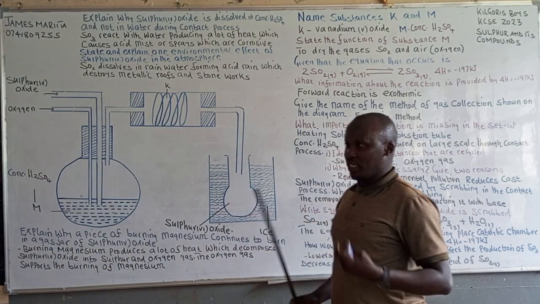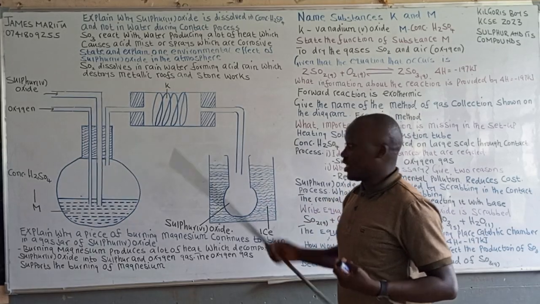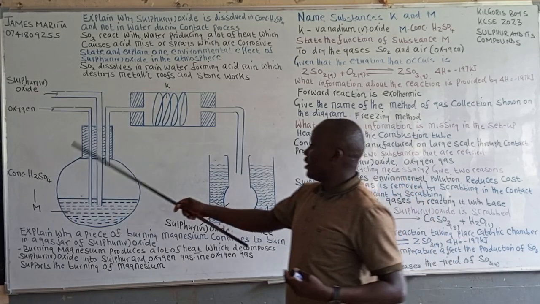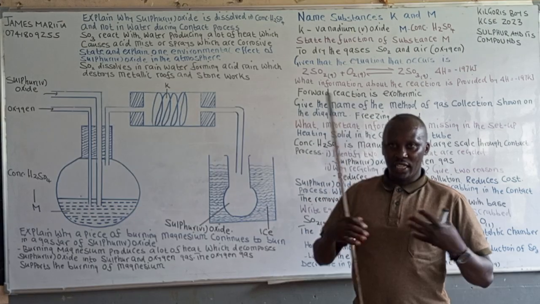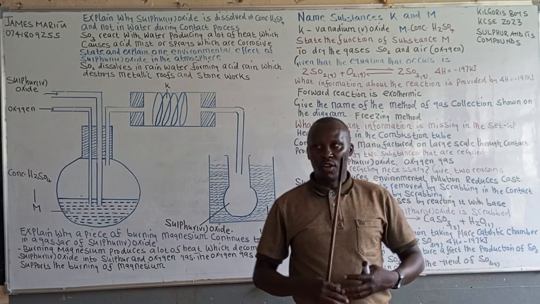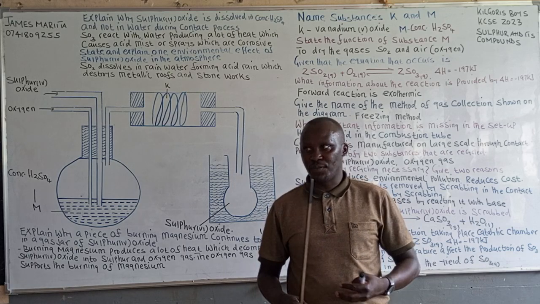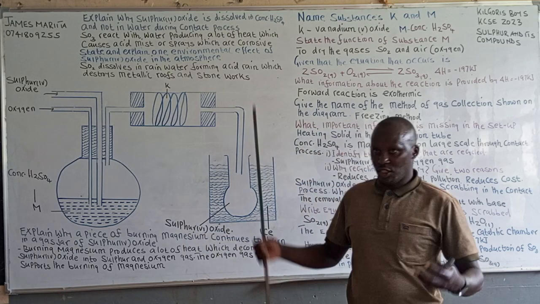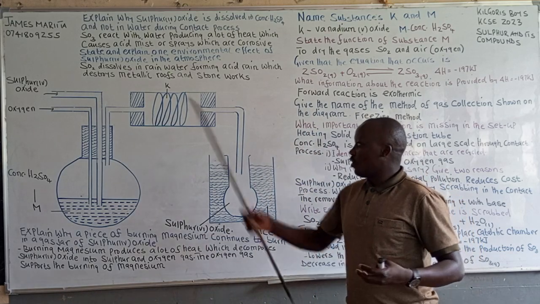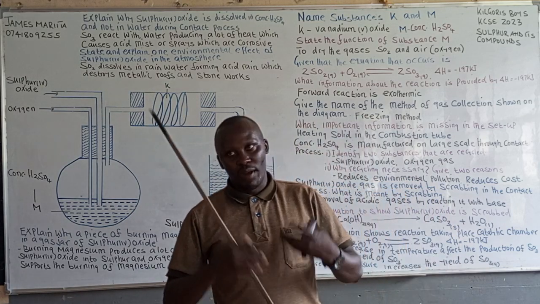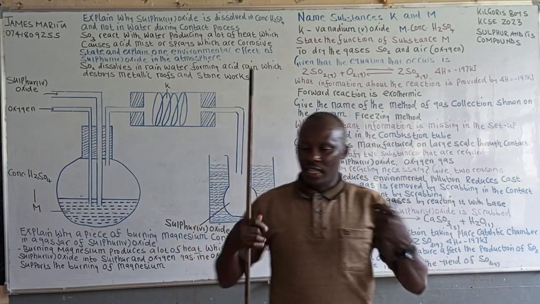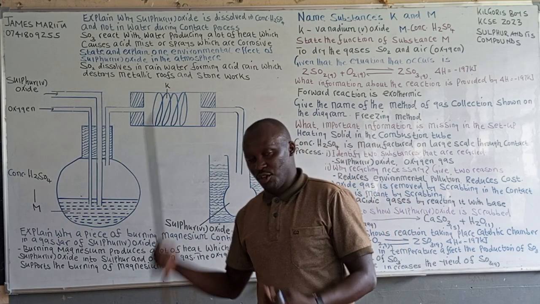Now we have substance K. In this substance K, once the sulphur oxide and oxygen react, they react in the presence of a catalyst and some conditions. The conditions for the reaction of sulphur oxide and oxygen normally are, we must have a catalyst, and there are normally two catalysts which are used here.